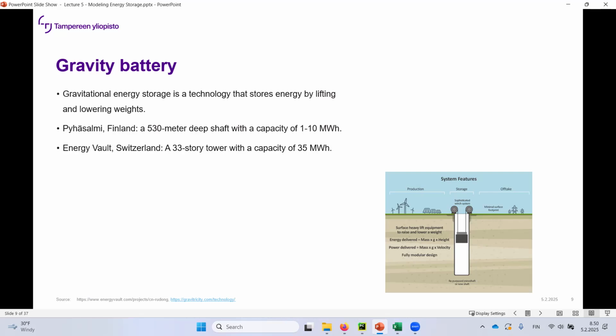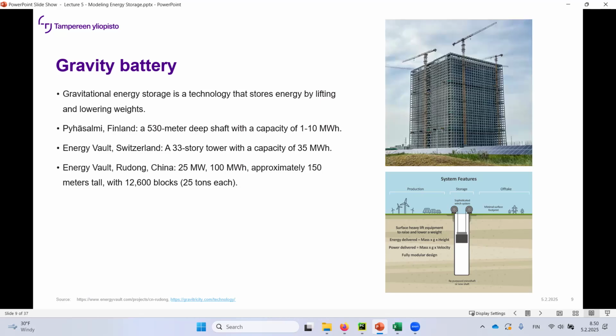This energy vault in Switzerland, 35 megawatt hours. And in China, it looks something like this, approximately 150 meters tall, and it was said to have 12,600 blocks of 25 tons each. So you can understand that it's a massive installation in terms of how much you need solid ground structures for it.